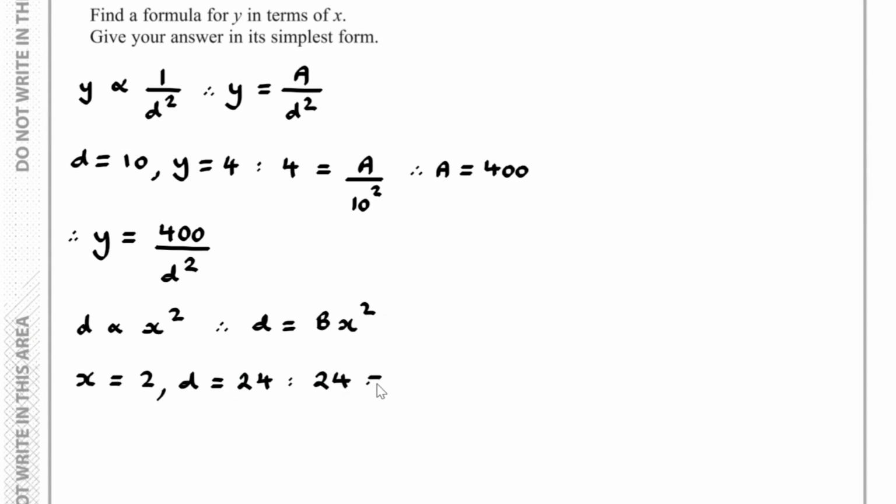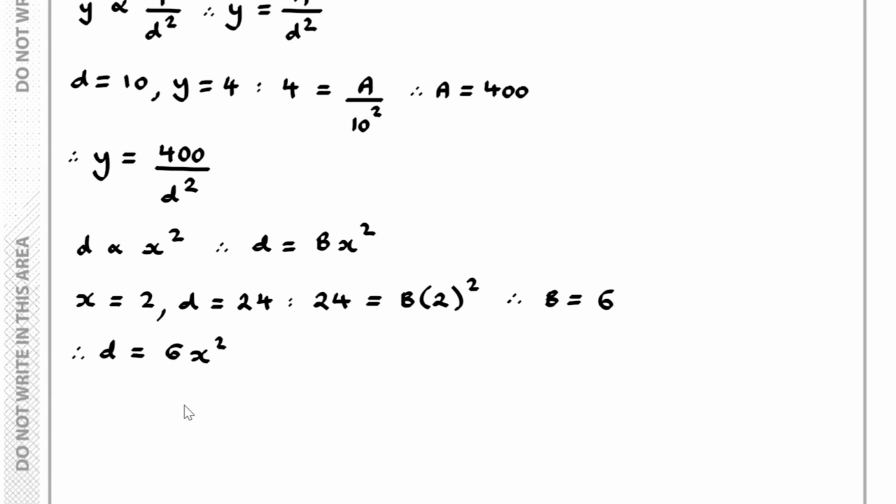So I have 24 equals b multiplied by 2 squared. In other words, b is equal to 6. And so therefore we can conclude from here then, d equals 6 times x squared.